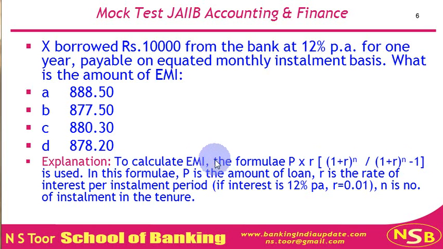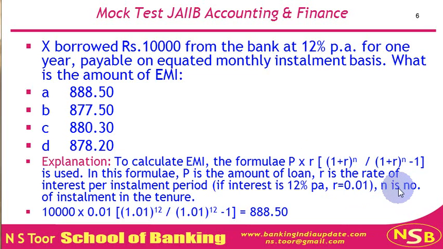Here P is principal, R is the rate of interest per installment period. Per installment period means if the rate of interest is 12%, then per month it will be 1%, and 1% means 0.01. N is the number of installments in the period.